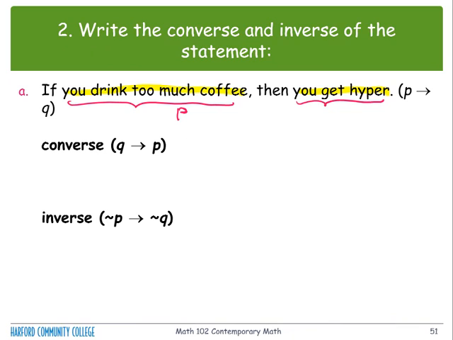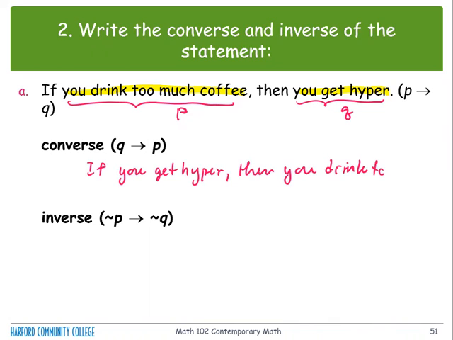You get hyper, this is represented by the statement Q. For the converse, you swap the position Q and P. In English, you write it as if you get hyper, then you drink too much coffee.